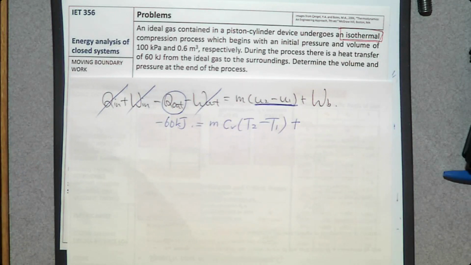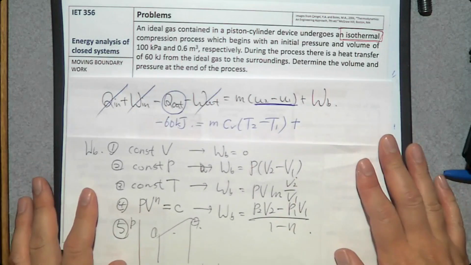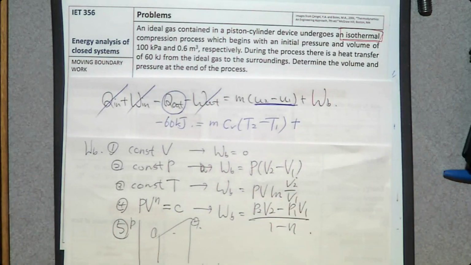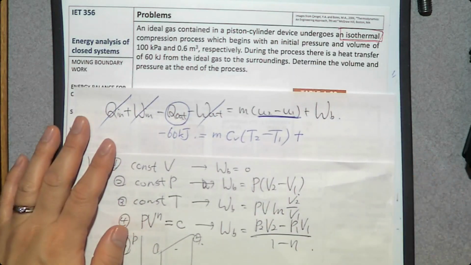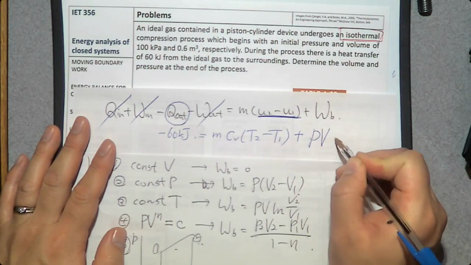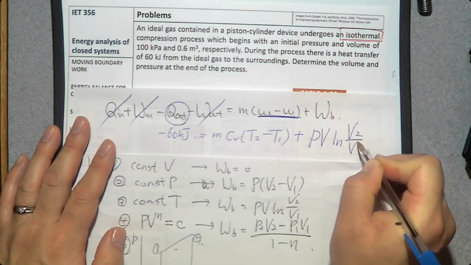How do you determine moving boundary work for a constant temperature process? PV natural log V2 over V1. That's for constant temperature.